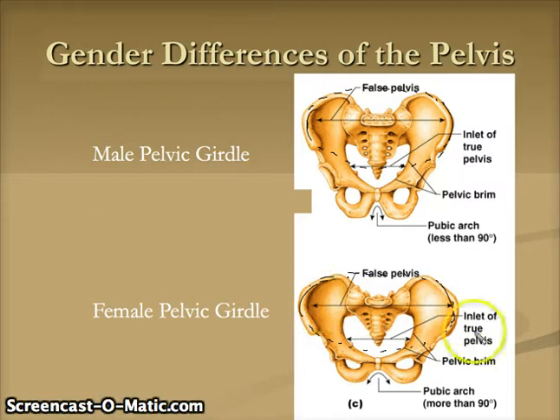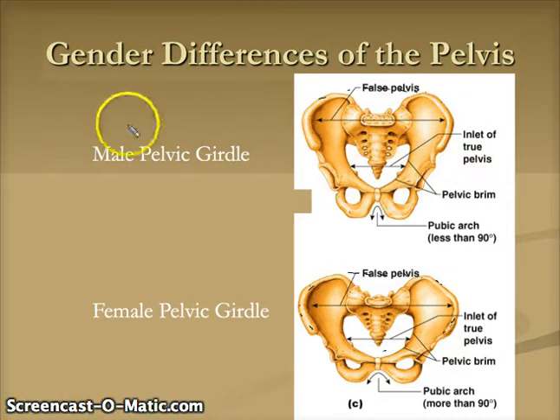This is kind of important when we're looking at the purpose of male versus female. So obviously females, we have to fit stuff through, males don't. Now, the other thing that's interesting that you can't really tell on this diagram is the coccyx.